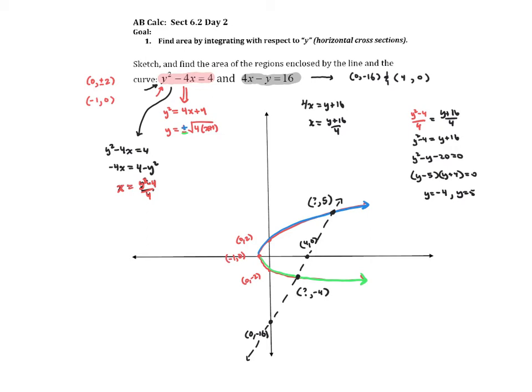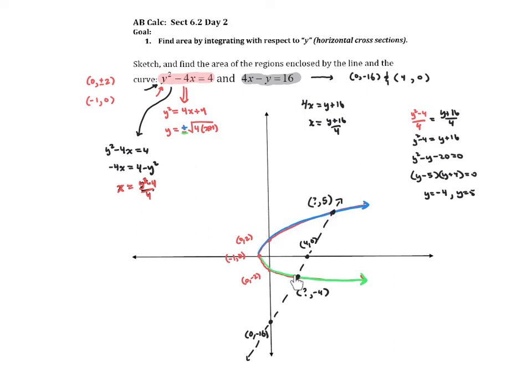Okay, now you might be wondering, how do you know which one's the lower limit? Well, clearly one of them is negative, one's positive, but also normally when we integrate with respect to x, we integrate from left to right, and our upper function is whichever one has a larger y value. So in this case, since we're integrating from bottom to top, we take the function with larger x values. Here is the function with the larger x values.